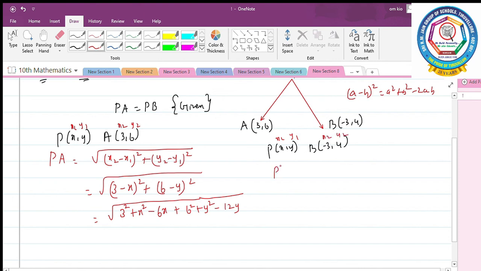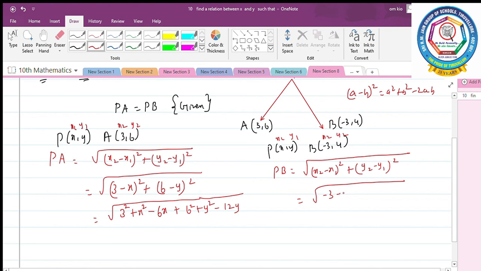So PB distance is equal to square root of x2 minus x1 the whole square plus y2 minus y1 the whole square. This is equal to square root of x2 is minus 3 minus x1 is x the whole square plus y2 is 4 minus y1 is y the whole square.